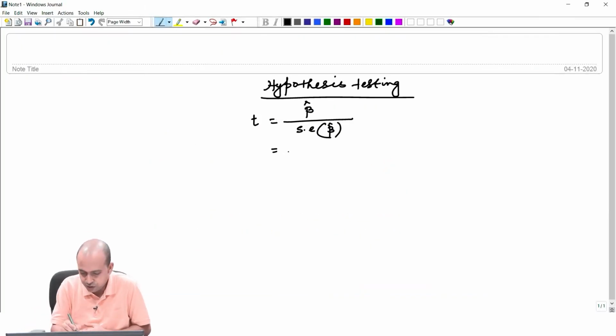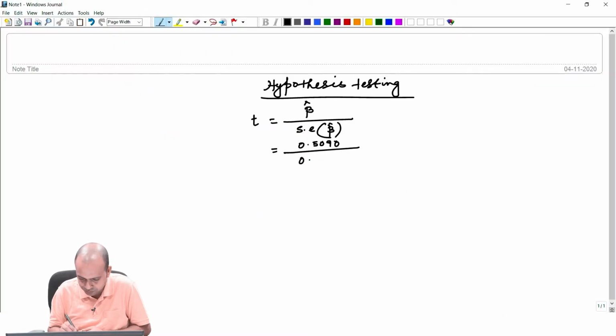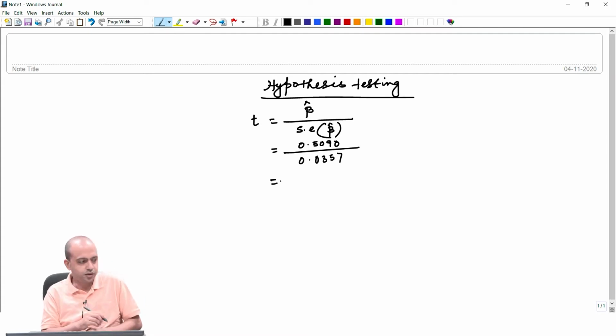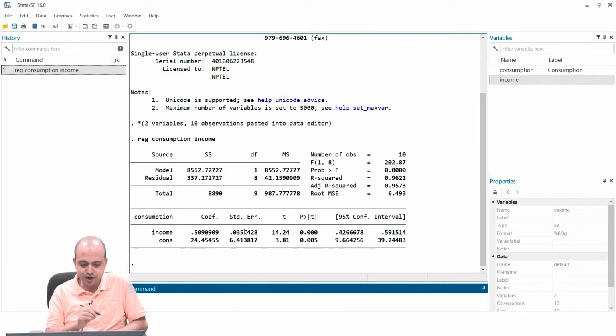So, 0.5090 divided by 0.0357. If you do that, you will get the calculated value of t, which is supplied by STATA, 14.24.